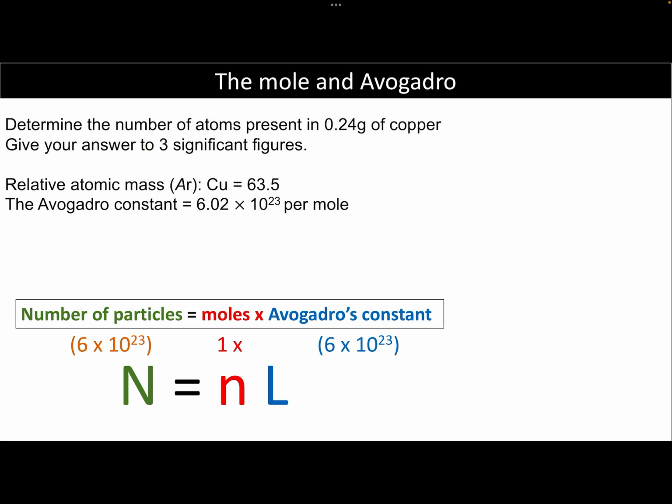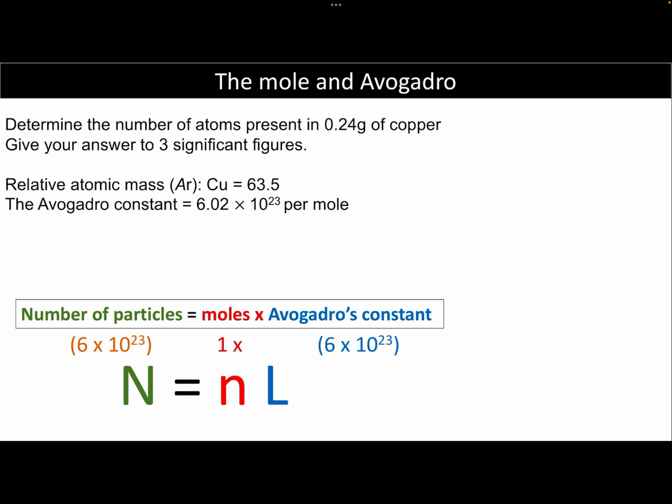Where you might need to use this in an exam question for Avogadro's number as well might be something like this. So determine the number of atoms present in 0.24 grams of copper. So by combining those both equations, we need to do the mass over MR equals moles first.